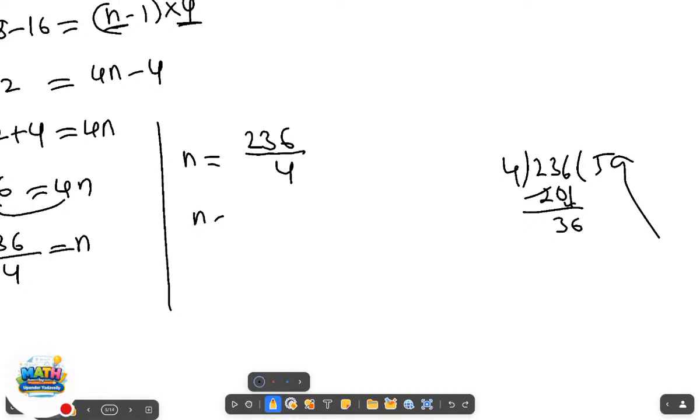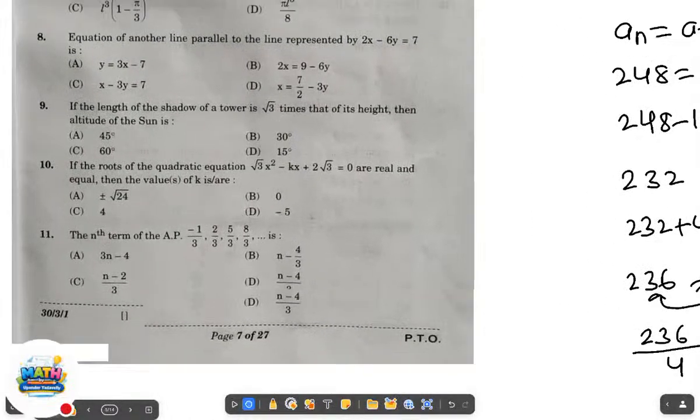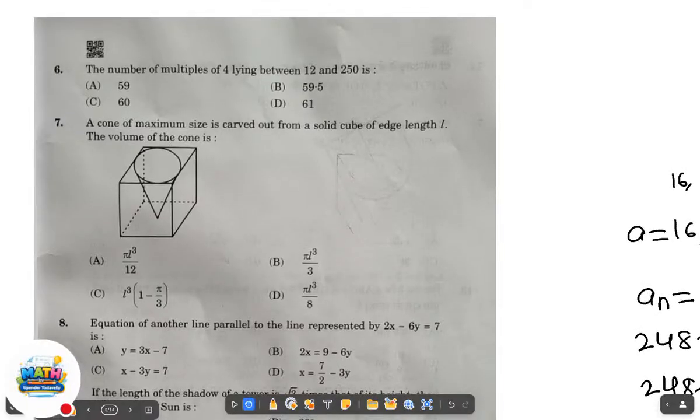So the n value is 59. Let's check for the right answer. Do we have 59 as an option? Yes, option A is the right answer. So option A is the right answer for this question.